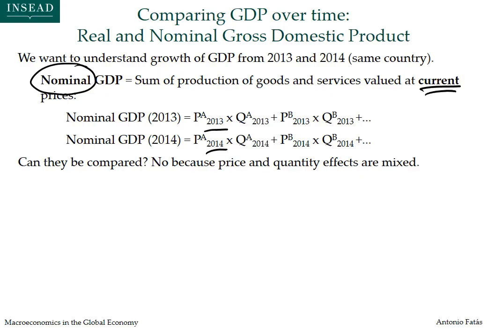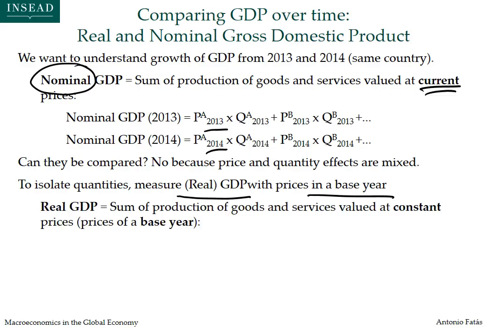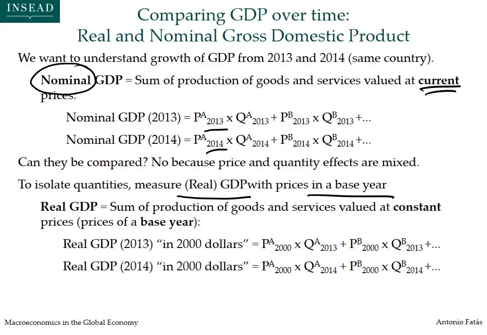Now, typically, what is it that we want to compare? We want to compare quantities. How do we do that? By fixing prices. So we're going to calculate a different measure of GDP that we're going to call real GDP by using prices in a base year. Now, from a practical point of view, what we will do is we will keep the quantities the same as before.